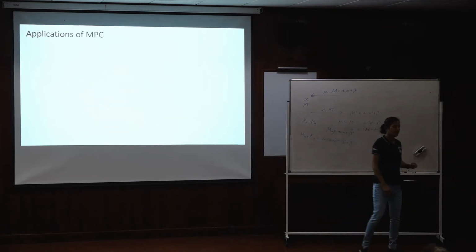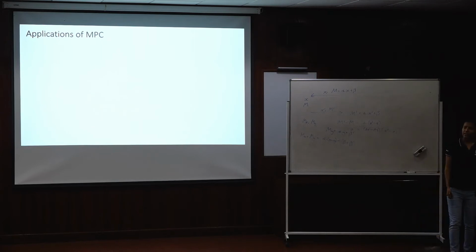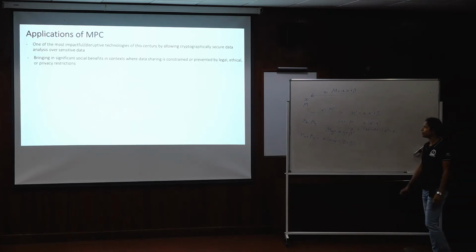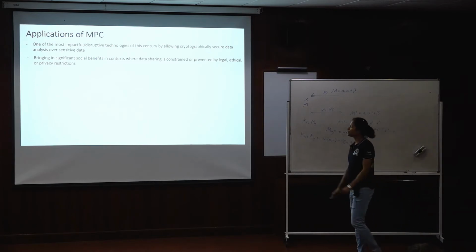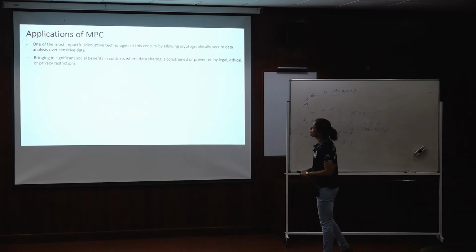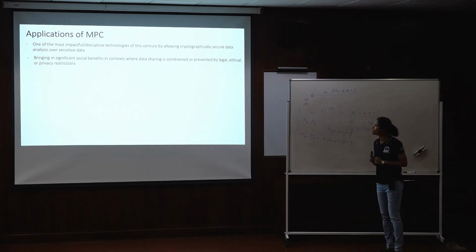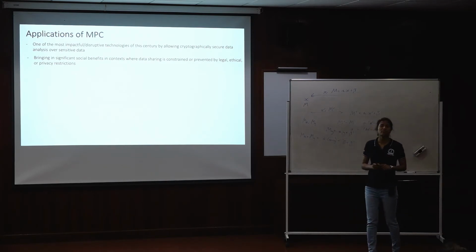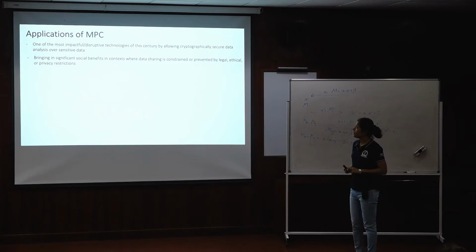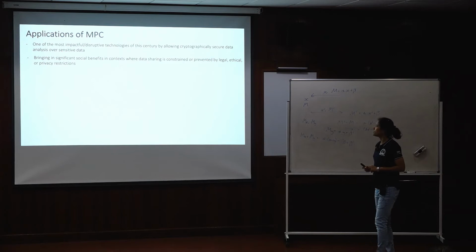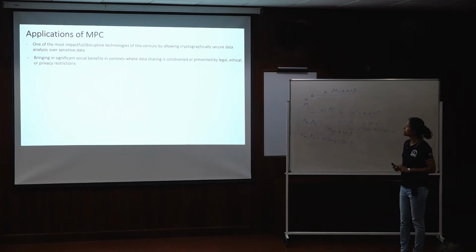Okay, so I think by now you know that there are plenty of applications of MPC. I am going to just refer to a few. MPC is one of the most impactful and disruptive technologies of this century that allows cryptographically secure data analysis over sensitive data, and it brings significant social benefits in contexts where data sharing is constrained or prevented by legal, ethical or privacy concerns.